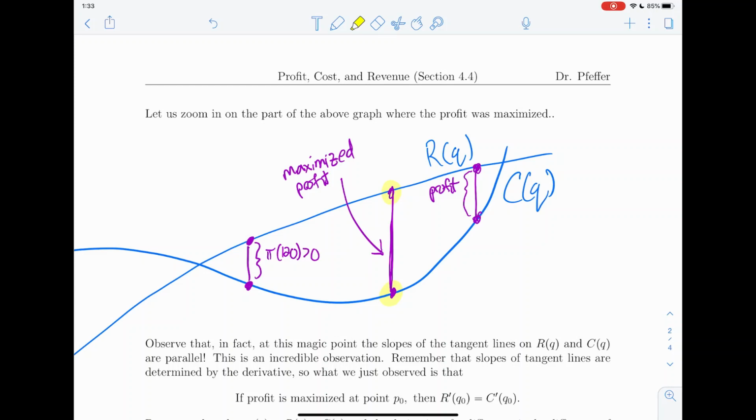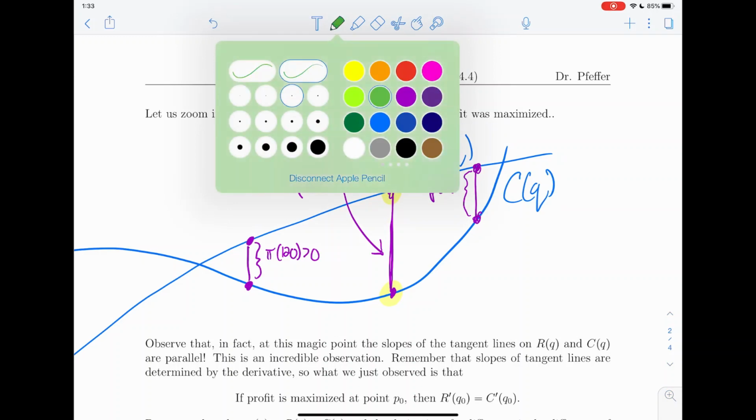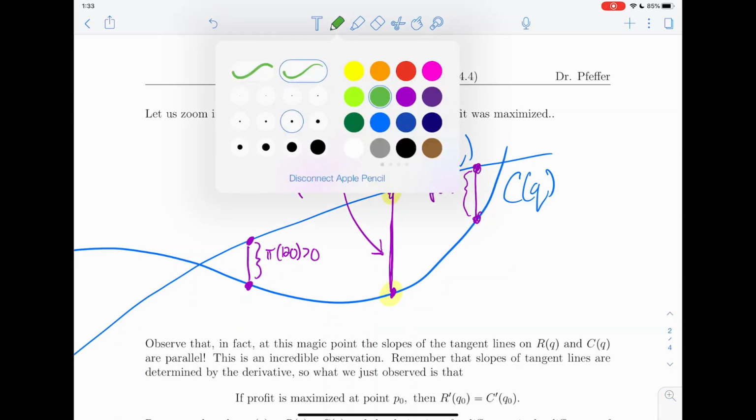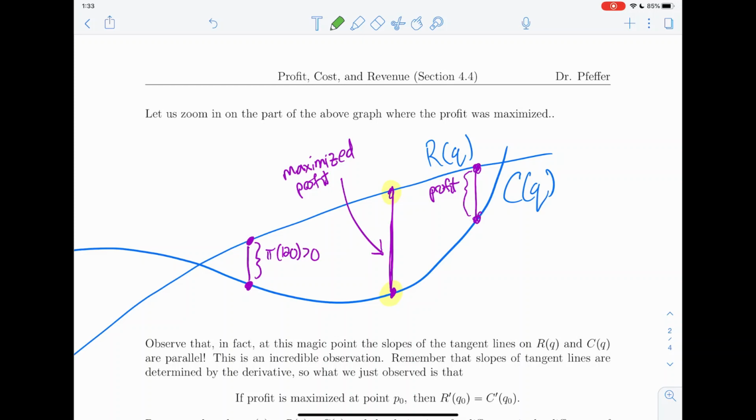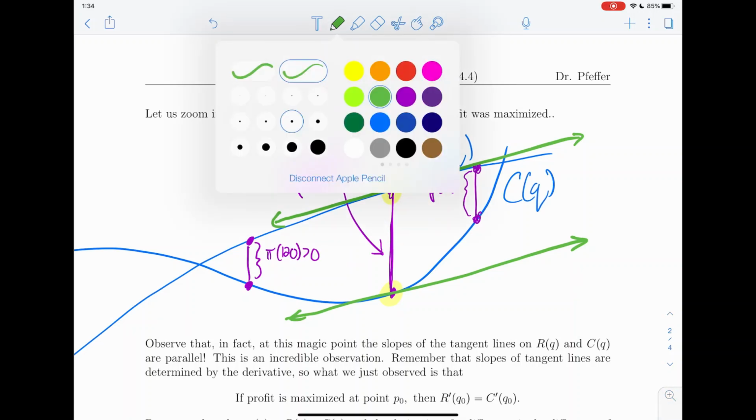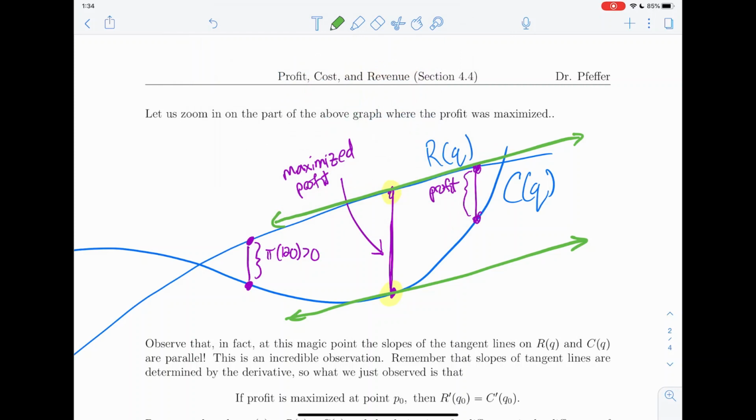That observation is that if I turn around and I build the tangent line at those points for their respective functions, the tangent line for R might look something like that. And the tangent line for C might look something like that. The key observation that we can make, of course, is that these two tangent lines right here are parallel.